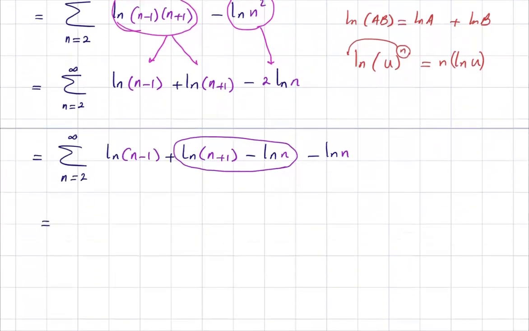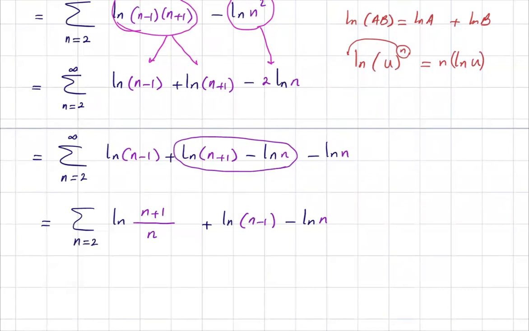This can be written as the summation of ln of n plus 1 divided by n. And let me copy down the rest of it. Plus ln of n minus 1 minus ln of n. Between these two, I'm going to factor out the negative sign.